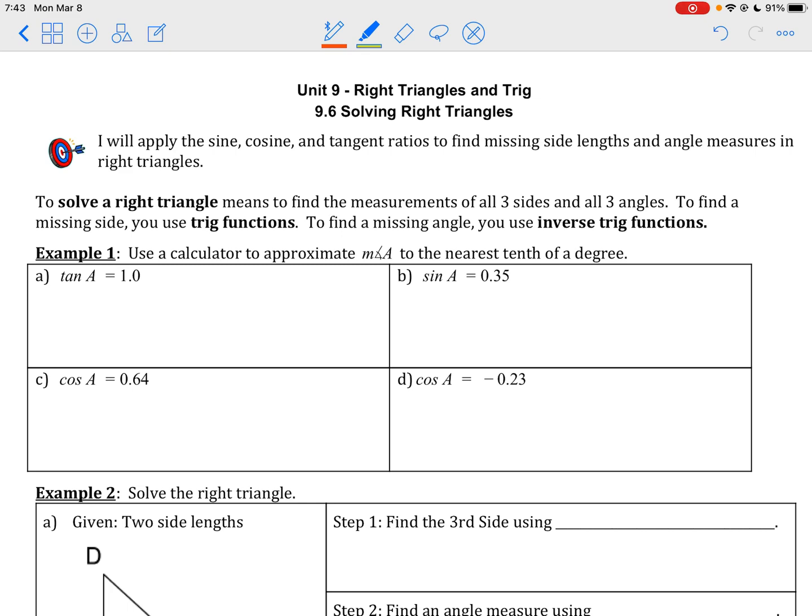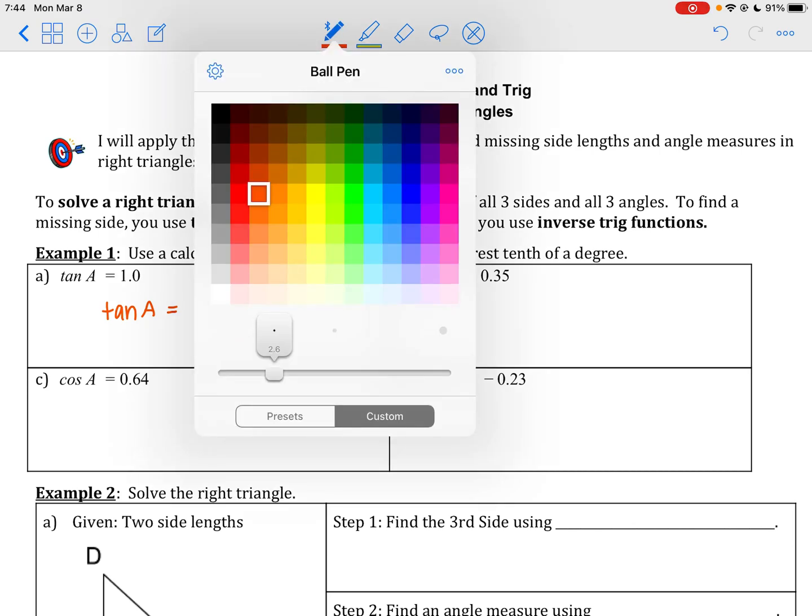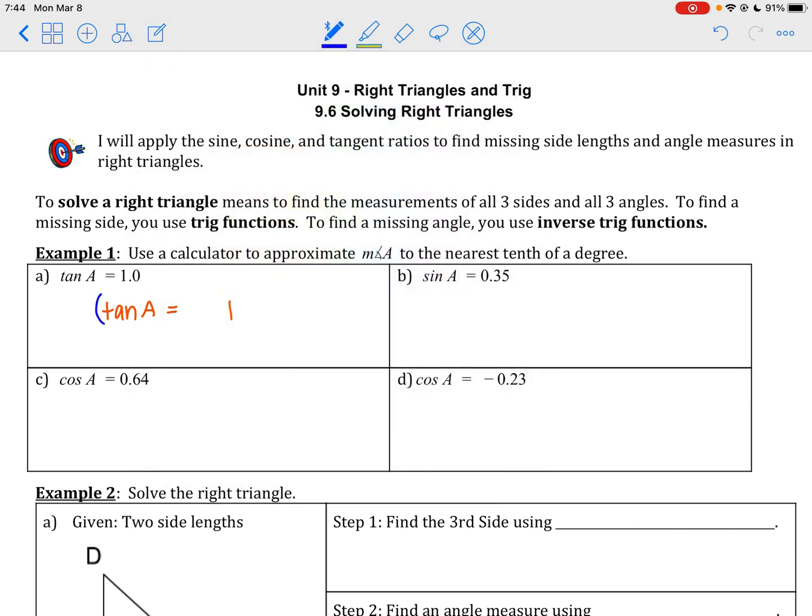So if I want to figure out what the measure of A is, what I would need to use is the inverse function. So since this is starting out with my tangent function, so this is the tangent of A is equal to 1. What I want to do is use the inverse, and I'm going to use that inverse on both sides of this function.